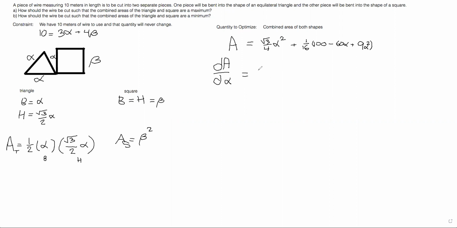I canceled common factors in the top and the bottom of these fractions, and I got square root of 3 alpha over 2 plus 1/16 times the derivative of everything inside the parentheses, which would be 18 alpha minus 60.